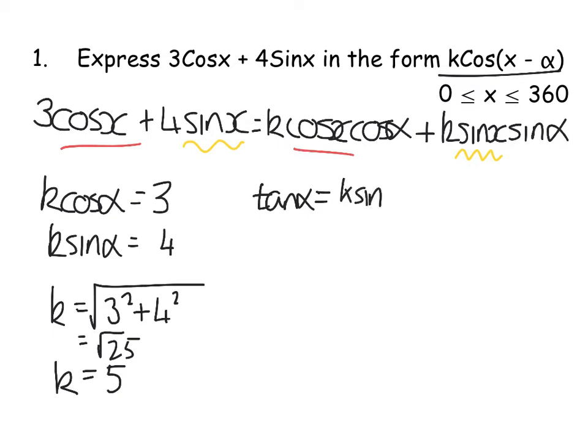Sine alpha had a 4. Cos alpha had a 3. So our acute angle is shift tan of 4/3, which, to the nearest degree, is 53. So my acute angle is 53.